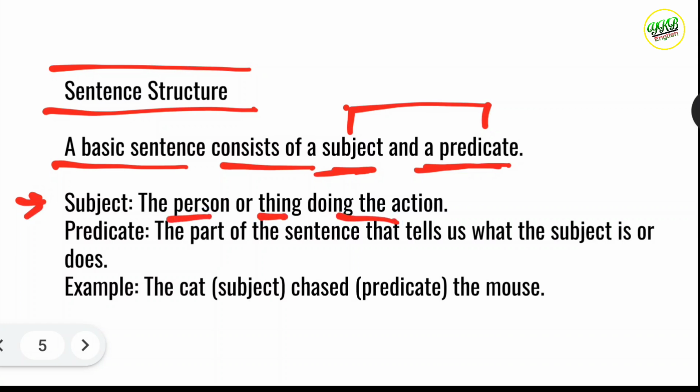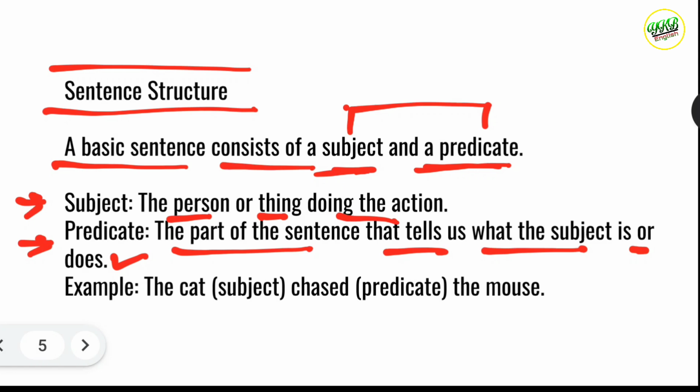And what is a predicate? A predicate means the part of the sentence that tells us what the subject is or does.